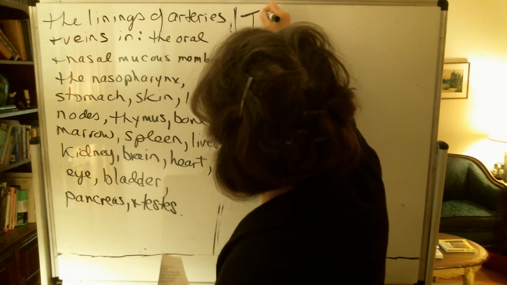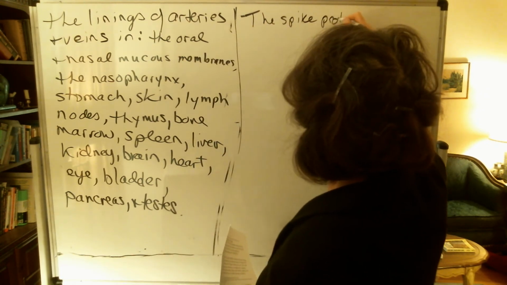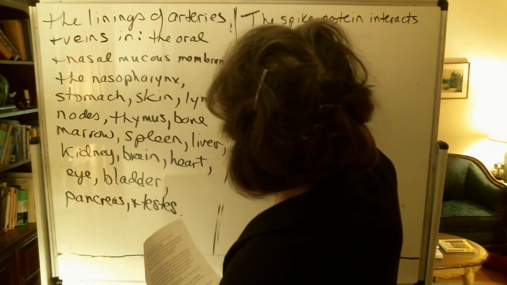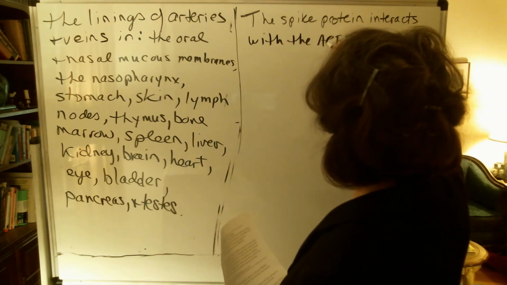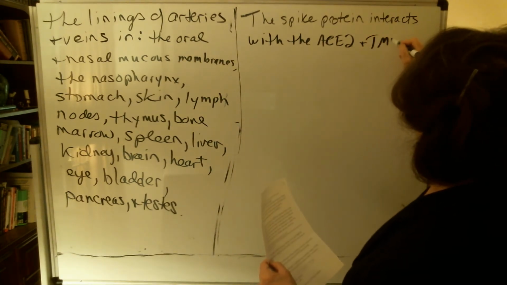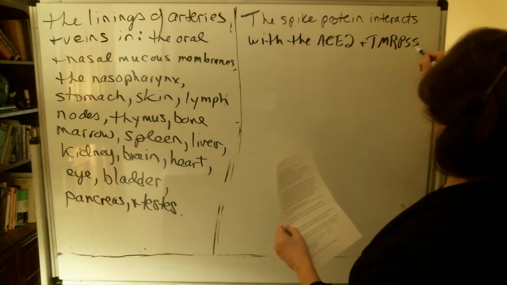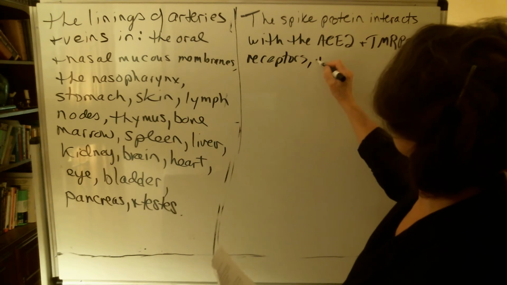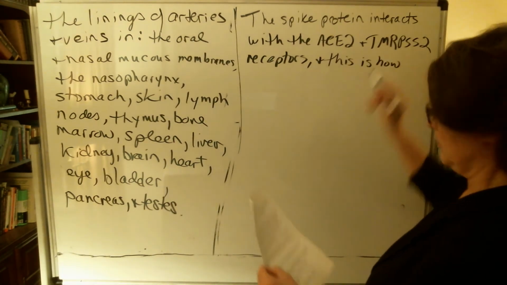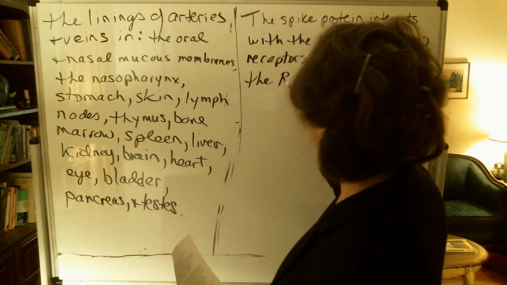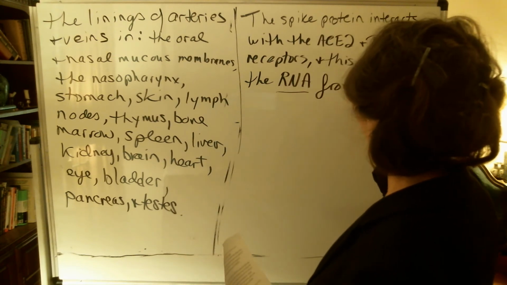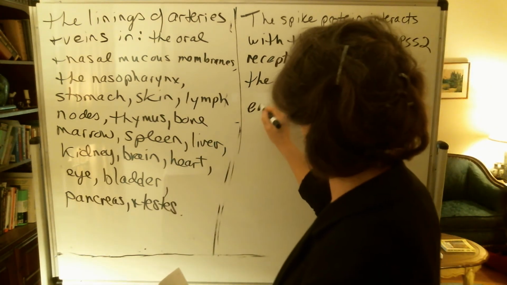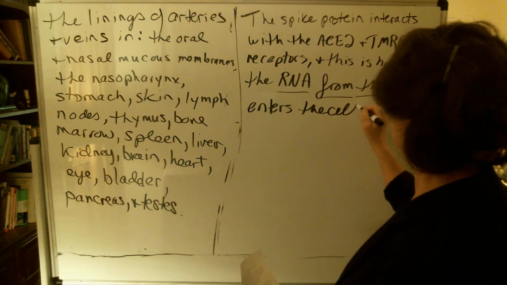So the spike protein then interacts with the ACE2, that's a C, and TMPRSS2 receptors, and this is how the RNA from the virus then enters the cell.